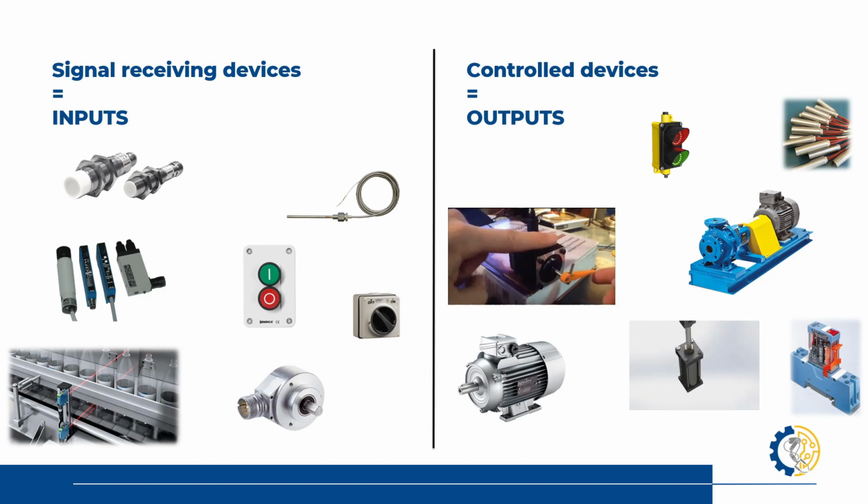So the signal receptor devices are known as input devices, or our very famous inputs. Our controlled devices are the same as outputs. Every device that is able to modify the variables for certain processes is an output. So we need to learn how to identify them.